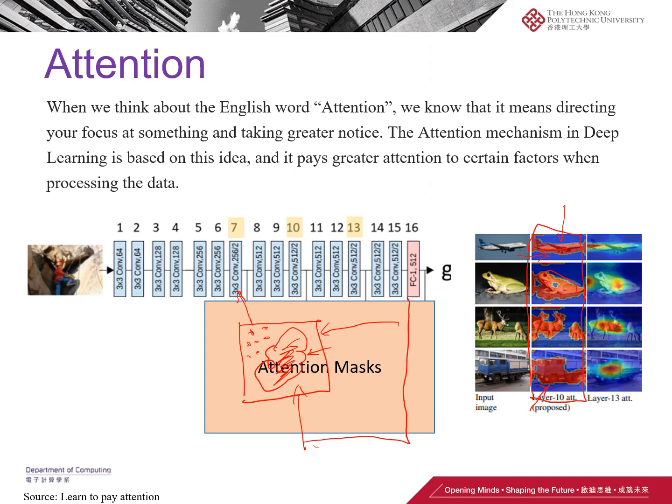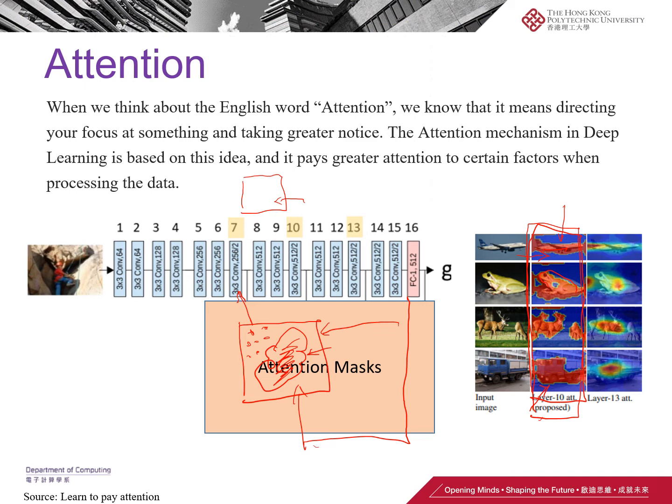So in that case, what we have to do is just set a filter, a weight mask there, and use backpropagation to figure out those weights. You can see these are actually the results of the mask. It's focusing very well on the correct part at layer 10.